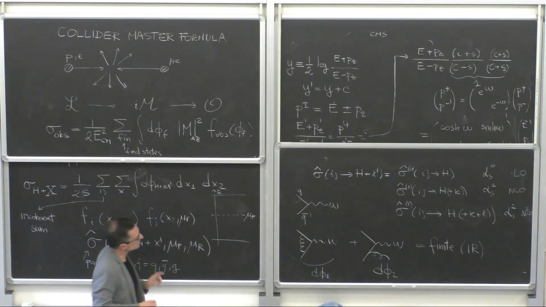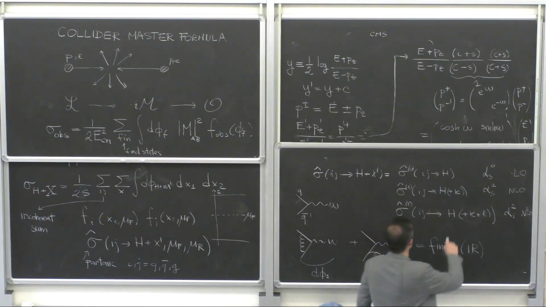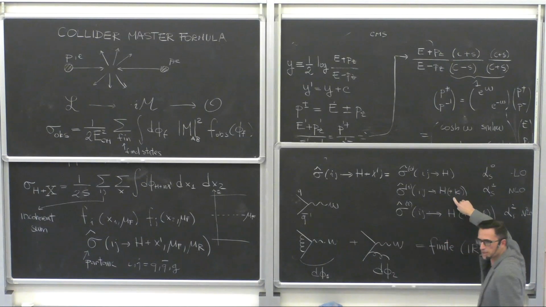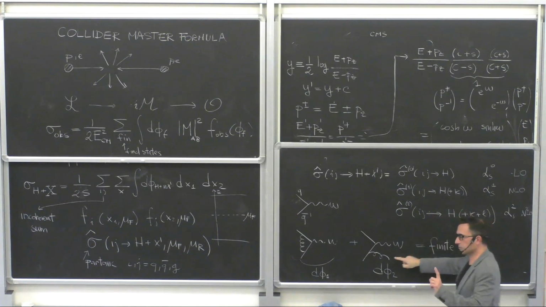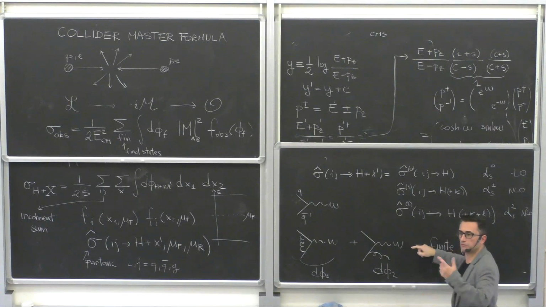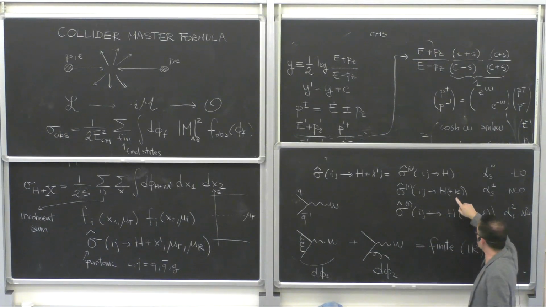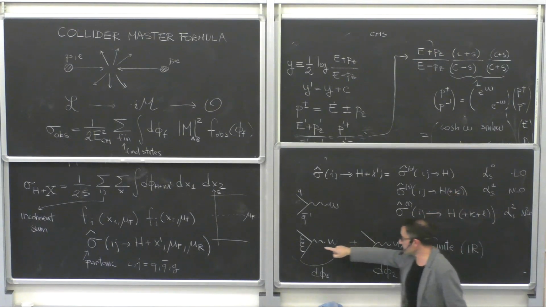Okay, and that's the reason why I put in parentheses plus k here: at next-to-leading order you might have only one extra parton, because otherwise, if you have two, you're at a higher order, or you might not have it because it's in the virtual.